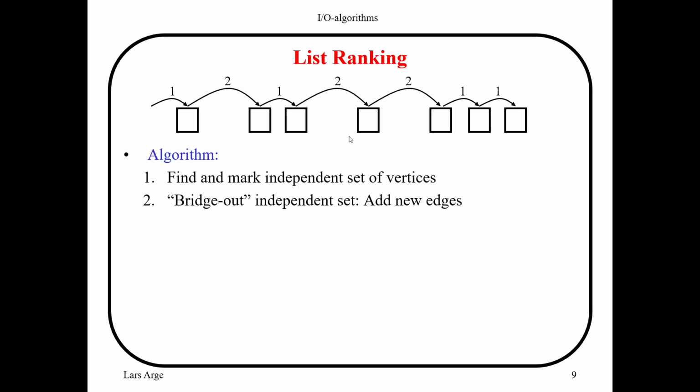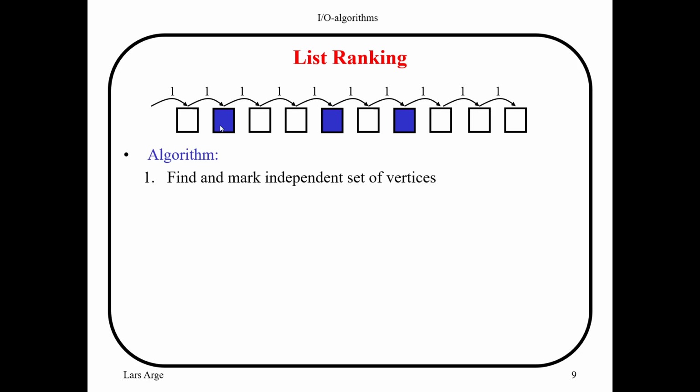What does this step do? Basically, remember that this is the previous element of this blue one, and this is the next element. If I remove this element and add an edge of weight 2 going from this element of the linked list to that one, I do not change the rank of any other vertex in the linked list.